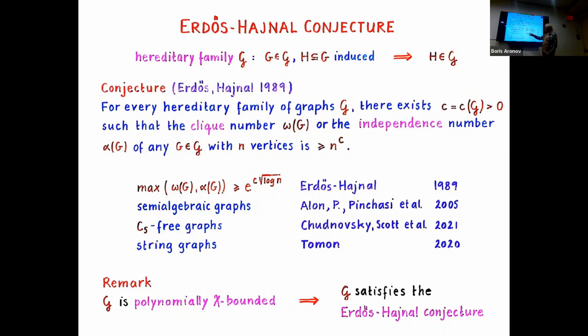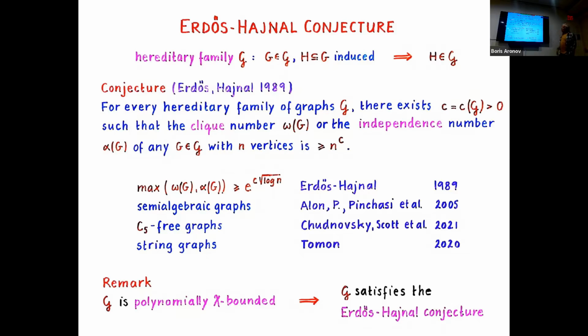There was another interesting breakthrough by István Tomon for string graphs. Let me define that. There is one thing that is very easy to check: if a class of graphs is polynomially chi-bounded, like there is a bound for chi which is a polynomial of the clique number, then they satisfy the conjecture.